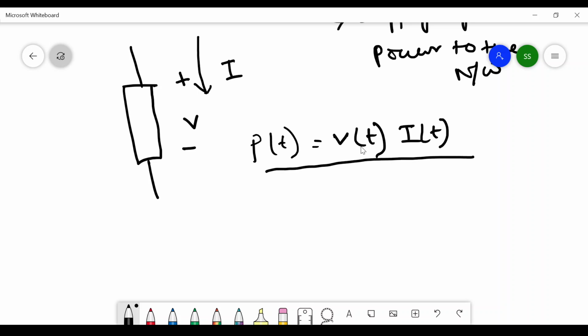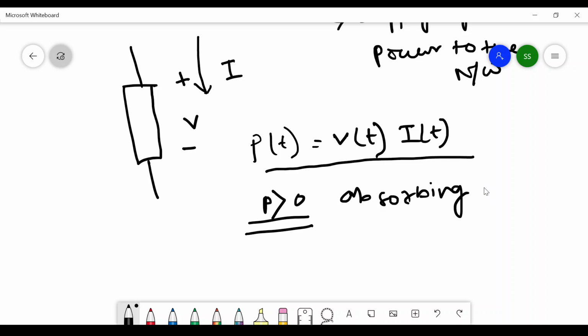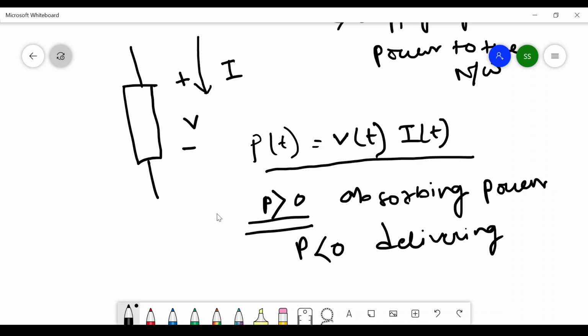Now if p greater than 0, then the element is absorbing power, and if p less than 0, then it is delivering power. So when the element is absorbing power, it is a passive element, and when p is less than 0, the element is delivering power, then it is an active element.